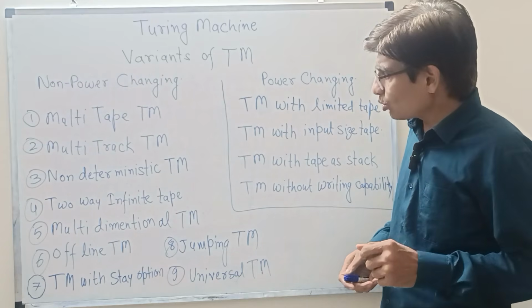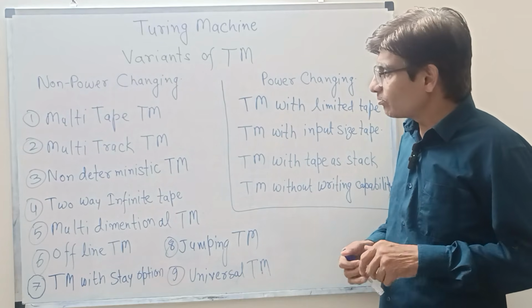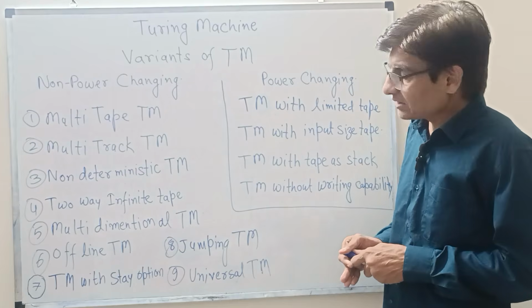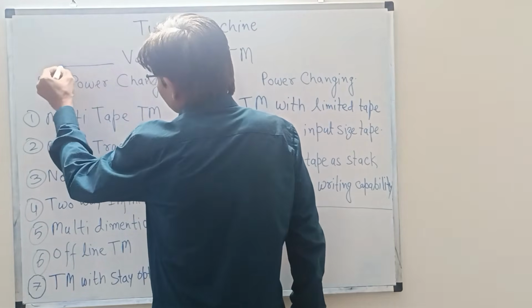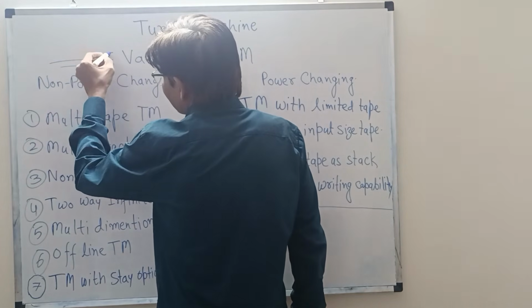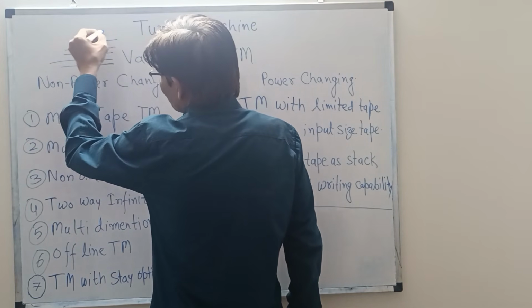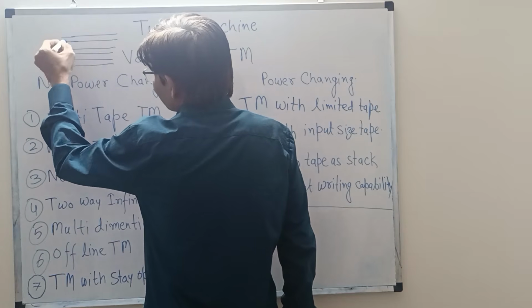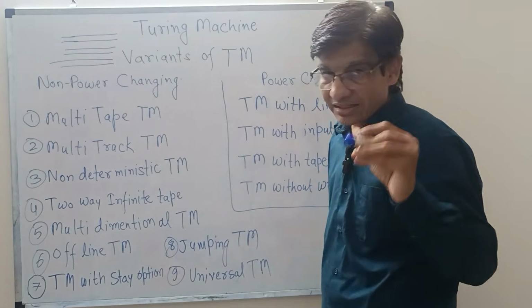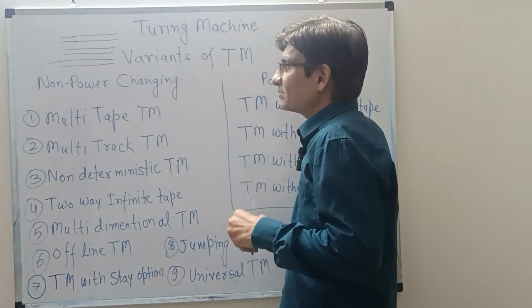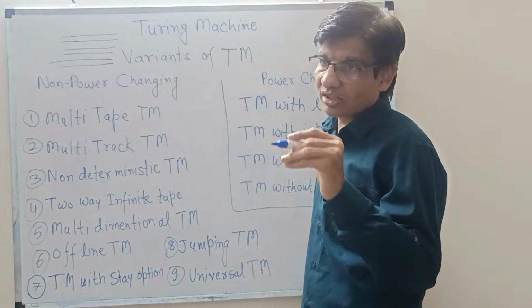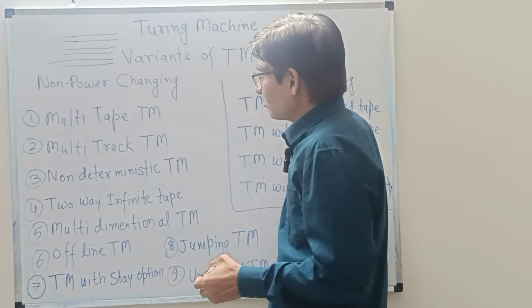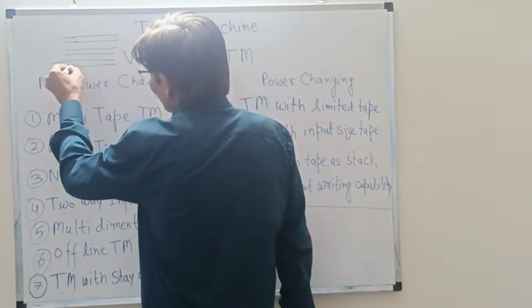tape. So in case of multi-tape Turing machine, you can have more than one tape like this. Suppose this is one tape, then another tape will be there. So you can have any number of tapes with the Turing machine, and if the number of tapes is more than one, then obviously for reading and writing on each tape, the heads would also be more than one.